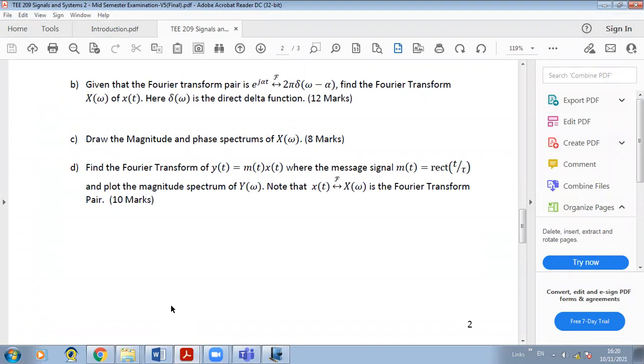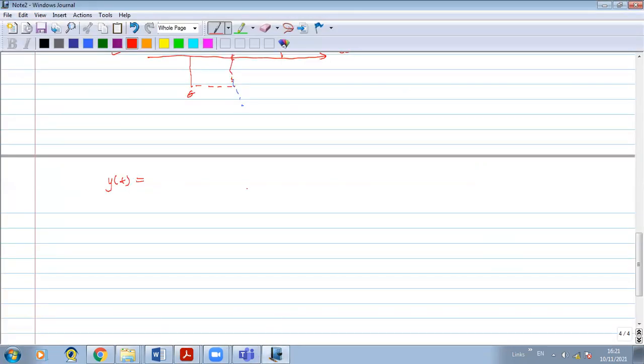We have done the modulation theorem, so this is not the same, but we can do this. So y(t) is equal to m(t) x(t). This y(t) is a product signal, the signal m(t) into x(t).